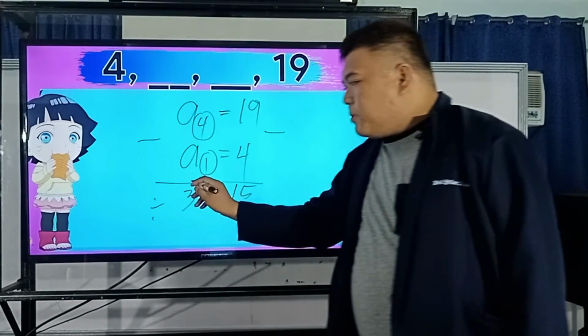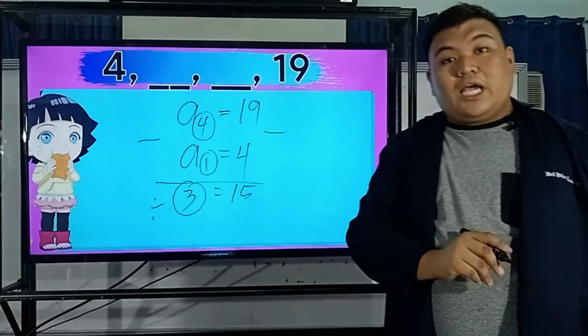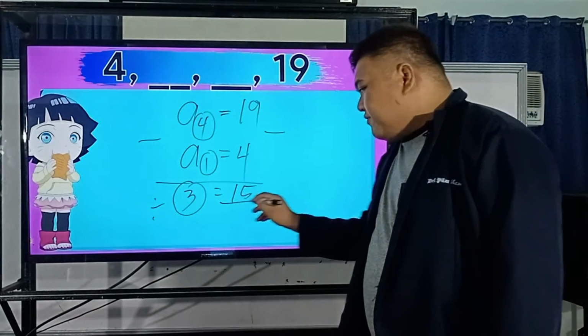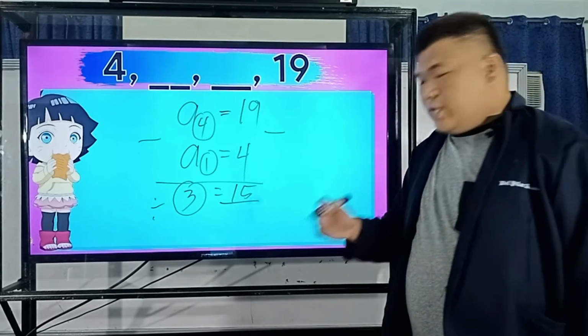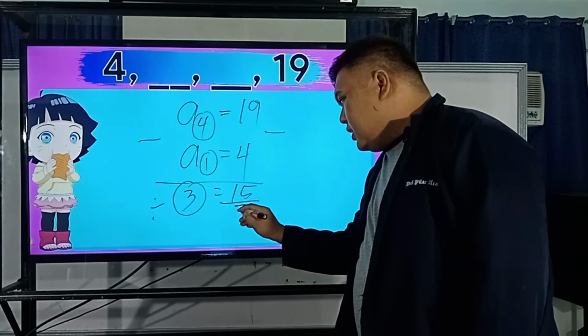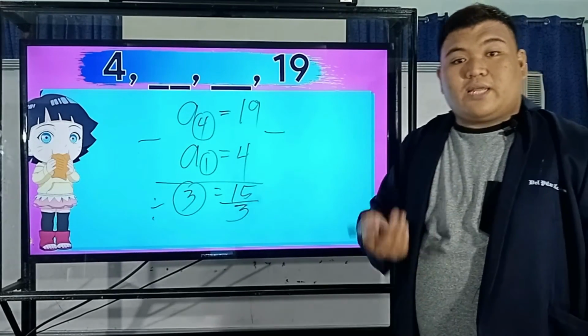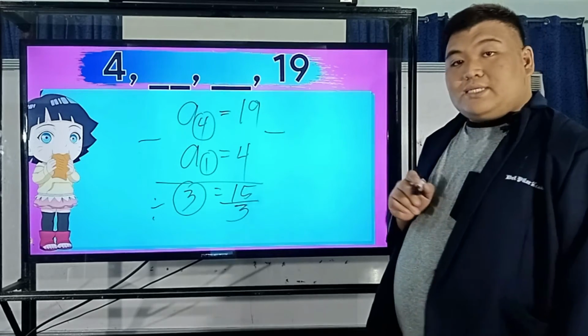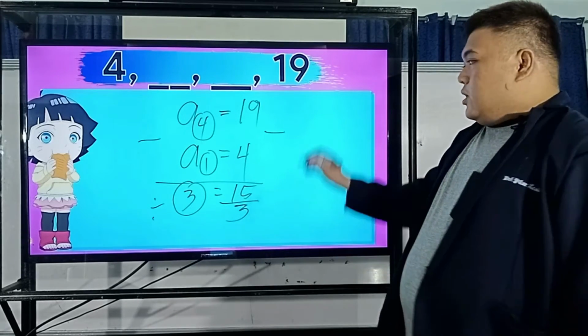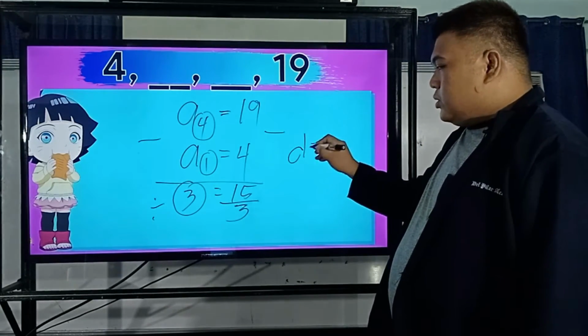Then whatever number yung nasa left side ng equal sign ay i-divide sa number na nakuha natin sa right side ng equal sign. So this will be 15 divided by 3. And 15 divided by 3 is equal to what number? That is equal to 5.